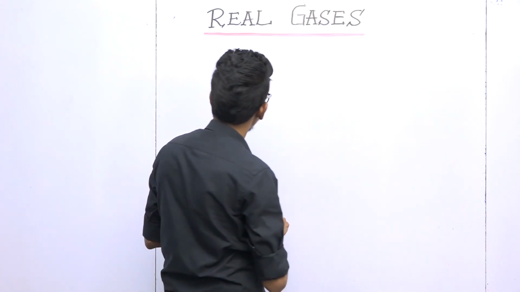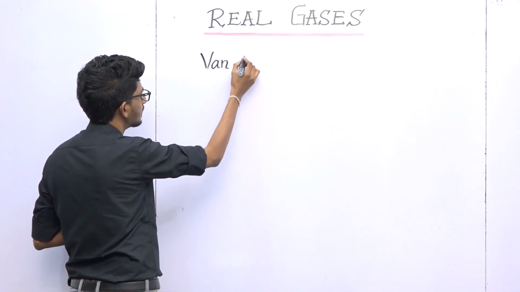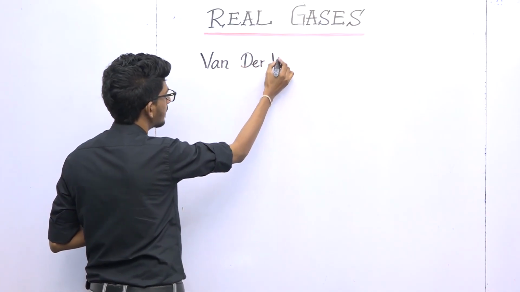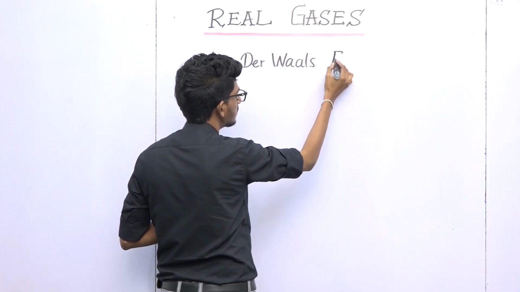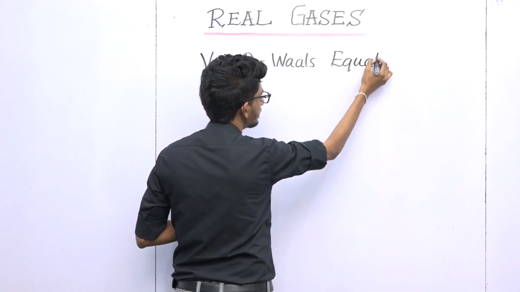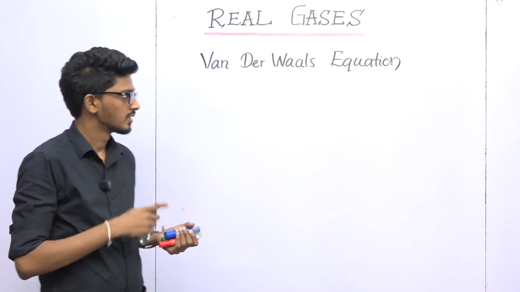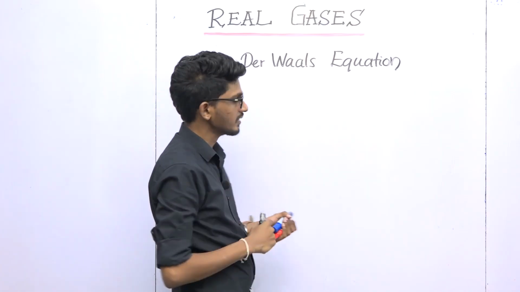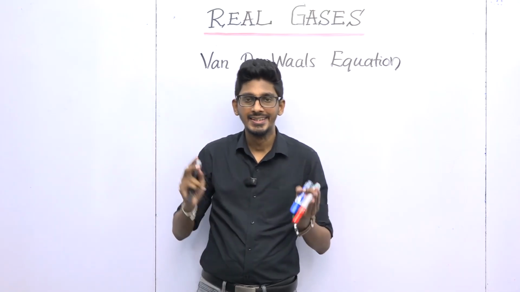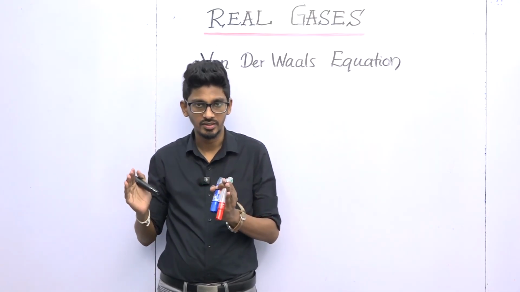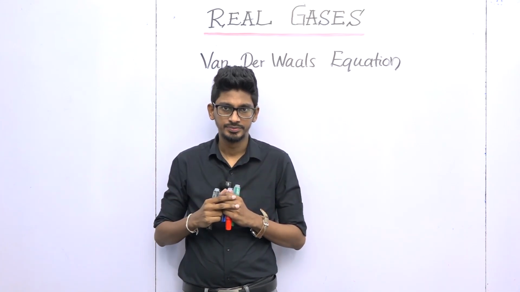Right. So the Van der Waals equation. We know that for real gases, PV is not equal to nRT.